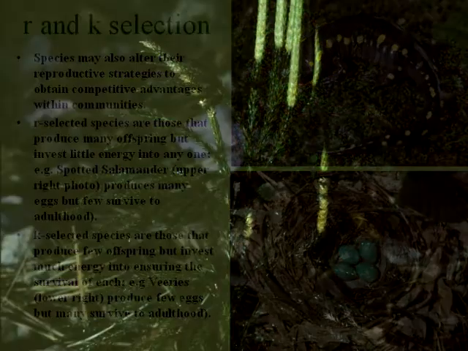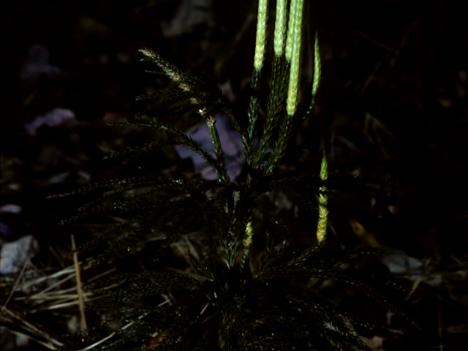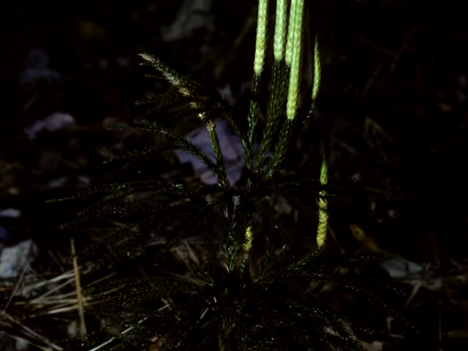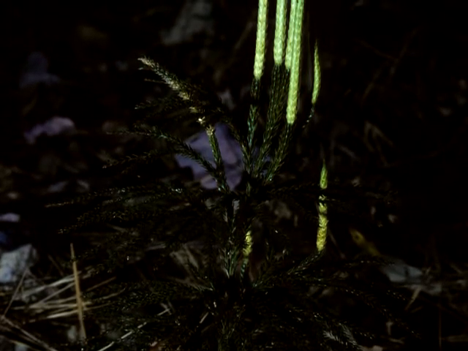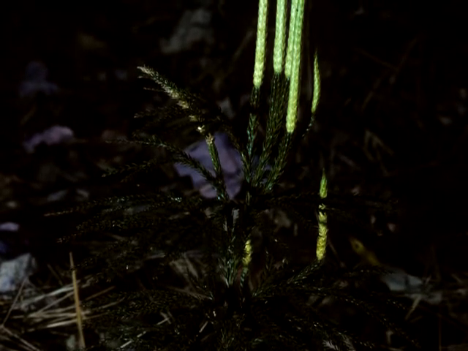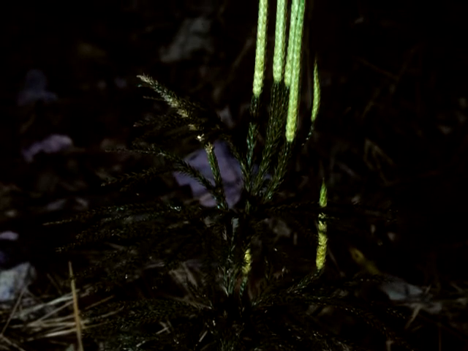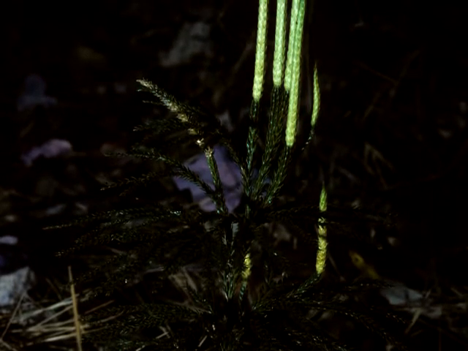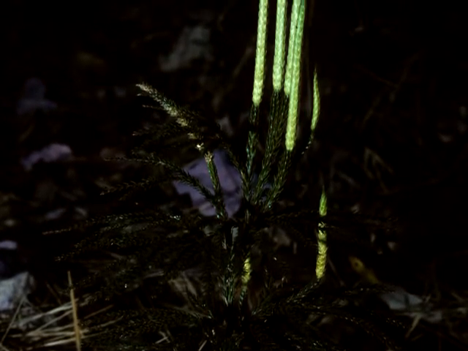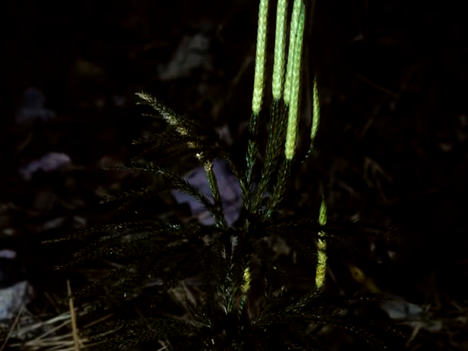Now, this sort of phenomenon is true not just of animals, but also plants. So, for example, we're looking here at a very primitive kind of plant. This is called Lycopodium, which is a descendant of those kinds of plants that would have formed the forests of Carboniferous times, hundreds of millions of years ago.